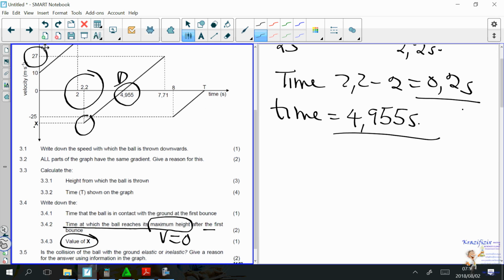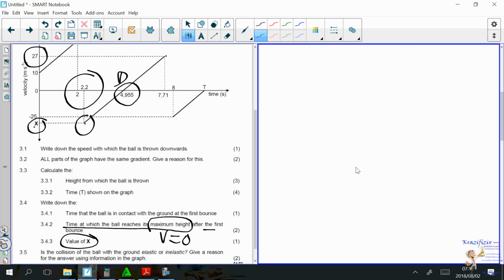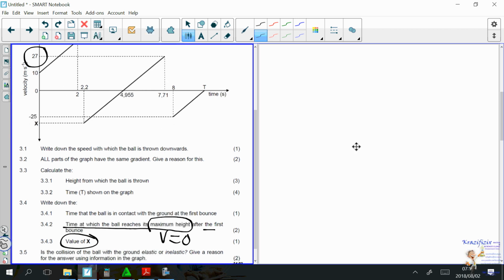If it's 27 here, it should be negative 27 here, because it leaves the ground at 27, and because it's a free fall, it must reach the ground again at the same velocity. So same height, same velocity, and the same time. But if you want to prove that, we can do that mathematically by considering this gradient again.